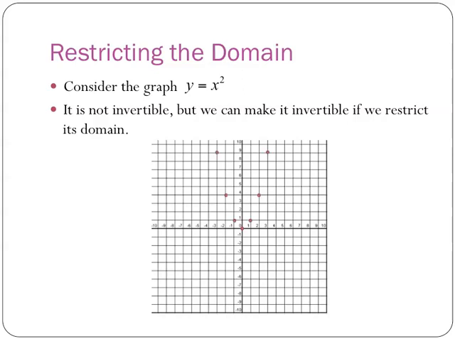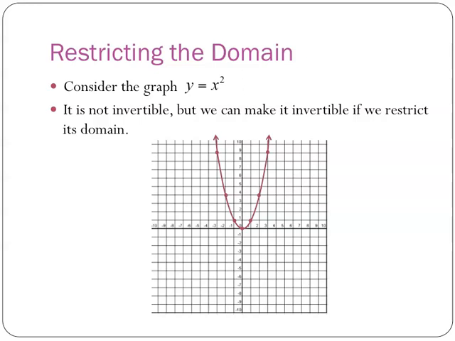Normally on its own, this is our graph y equals x squared. You can see it does not pass the horizontal line test, but if we restrict the domain to only part of that graph, we will be able to work with a function whose inverse is also a function.